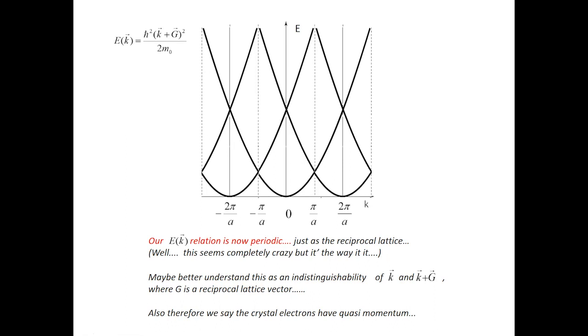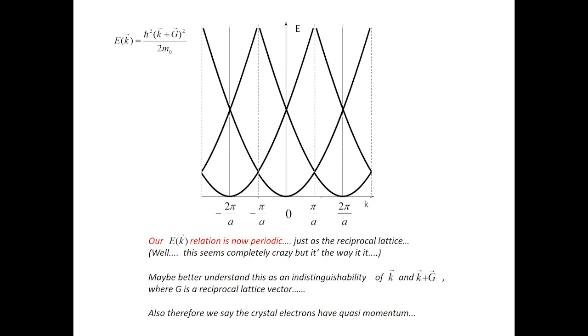So you cannot tell whether the electron has K or K plus G momentum. They are equivalent, indistinguishable. That is the difference why we say crystal electrons have quasi-momentum, not just plain momentum in crystals.